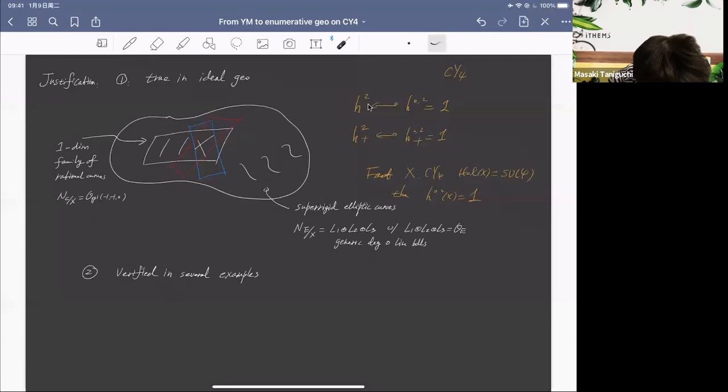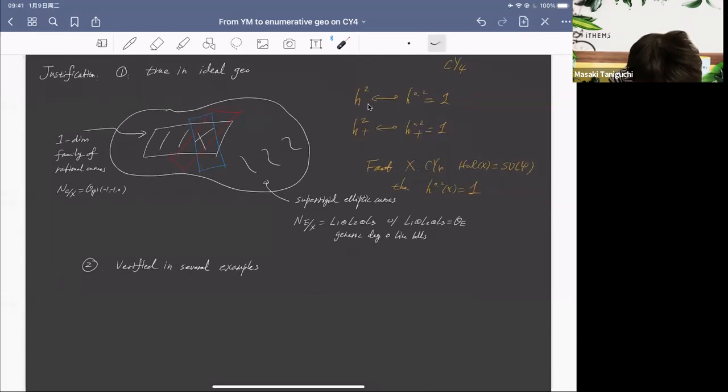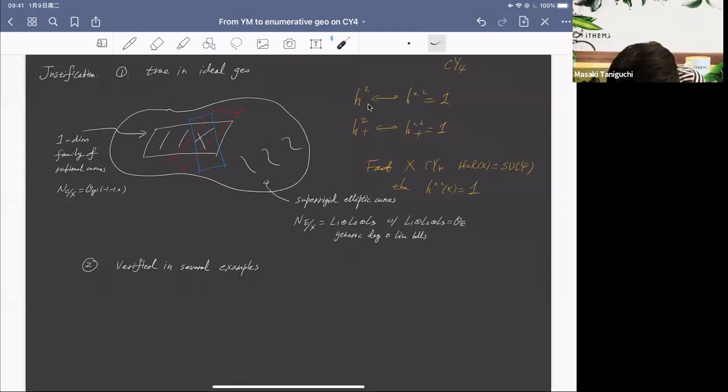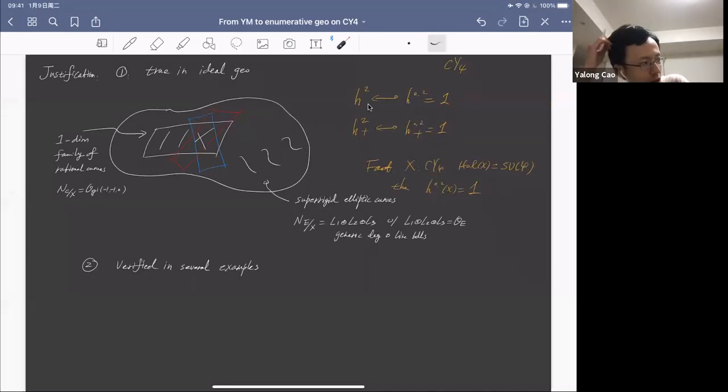And the third question is related to the structure theorem of Donaldson invariant. The structure theorem relates the moduli spaces of different bundles, with different Chern numbers. So I want to know, is there a corresponding structure theorem for the complex version of the Donaldson invariant? At this moment, there's no such theory.